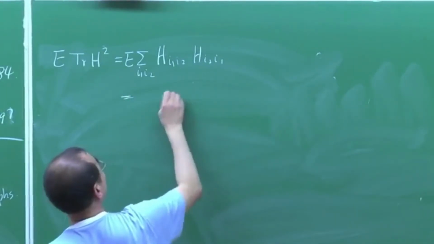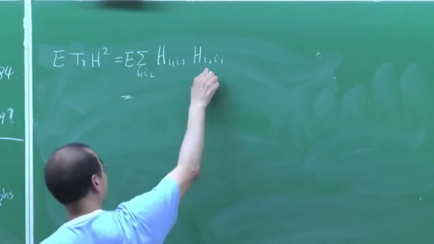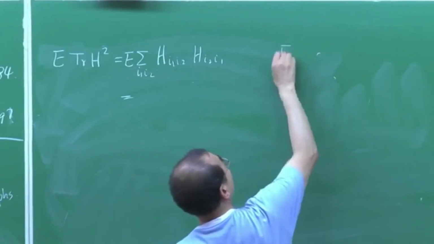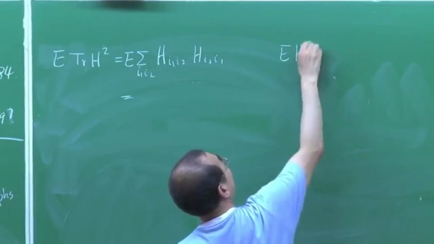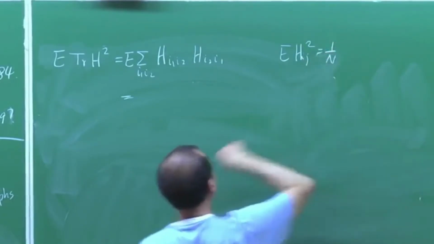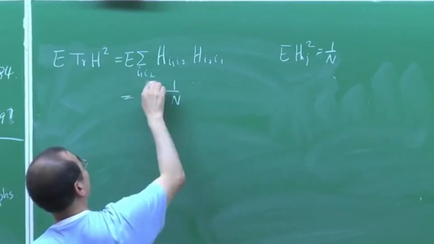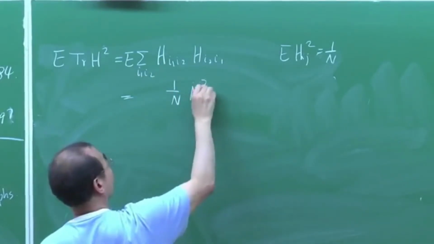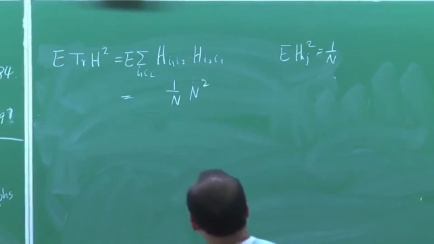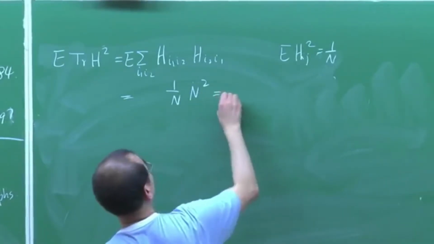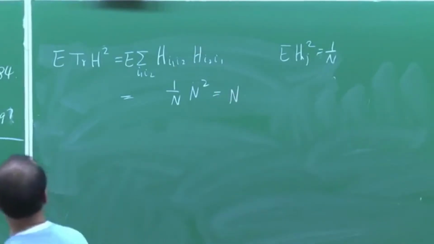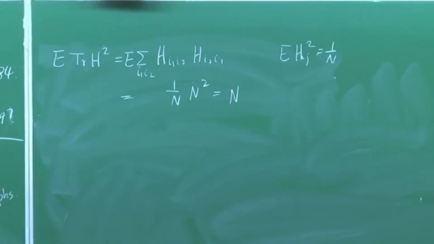We know the expectation of h_ij squared is 1 over n. So this is equal to 1 over n times the summation over i1, i2, which is n squared. So this is order n, so I have to divide by n here.